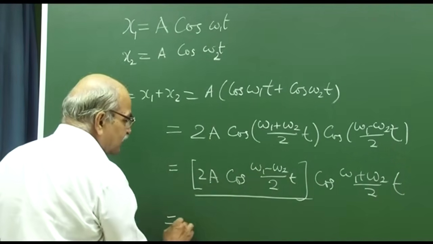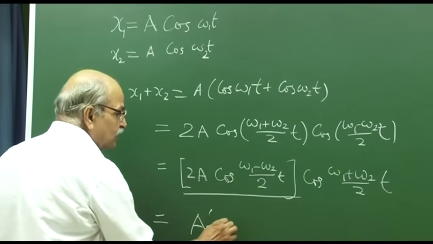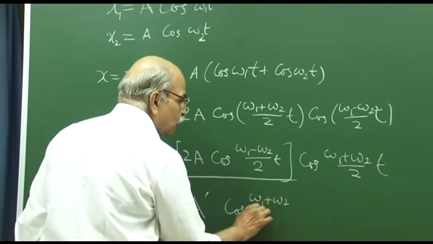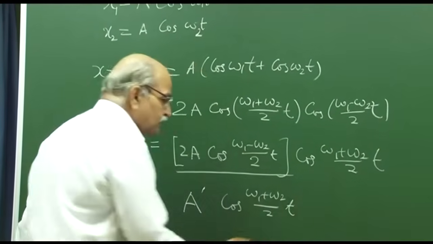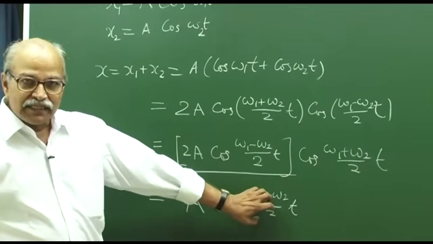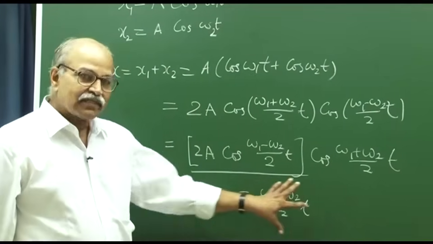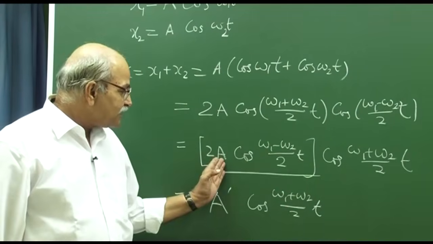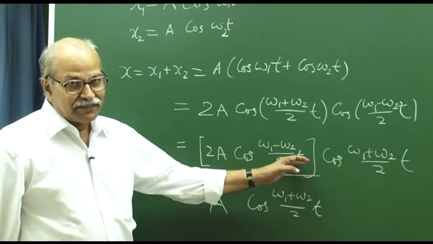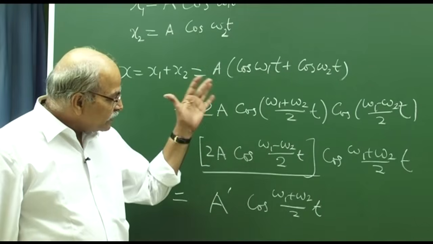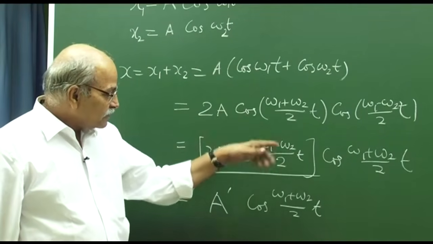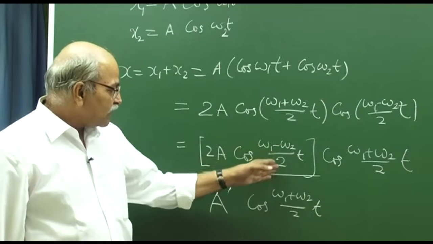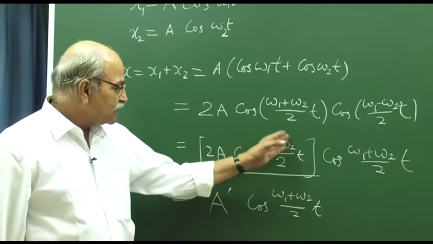You can write this as some a prime, some amplitude, and then cos of (omega 1 plus omega 2)/2 times t. This is the frequency with which it is oscillating roughly, and the amplitude itself is time dependent, and the oscillation of amplitude is given by this frequency. So, the time period will be large because this frequency is small.